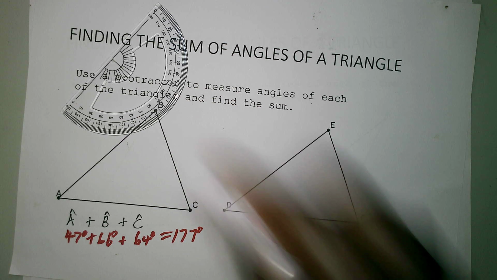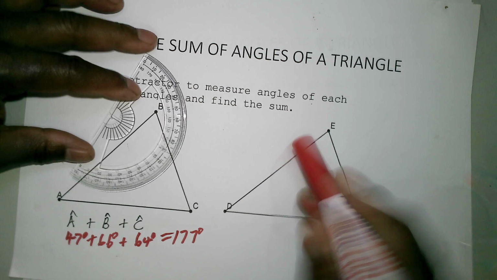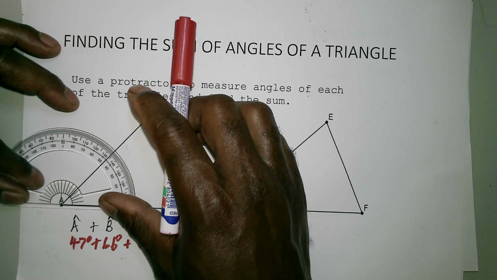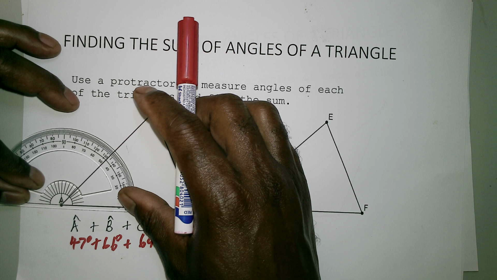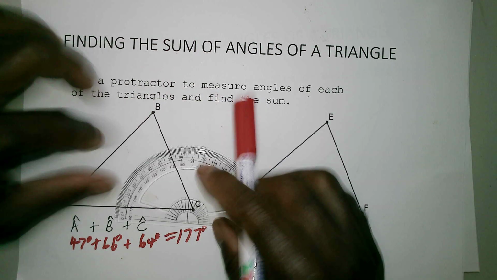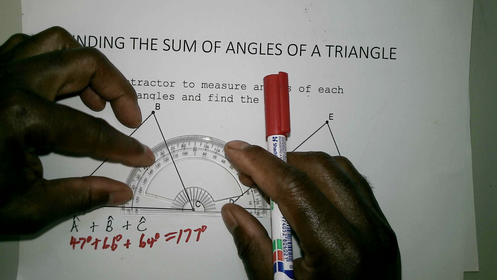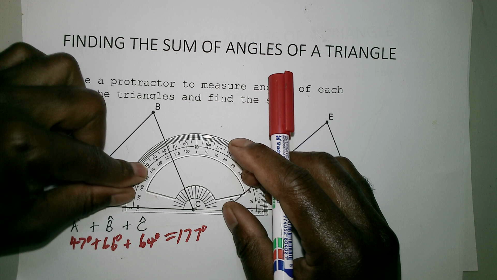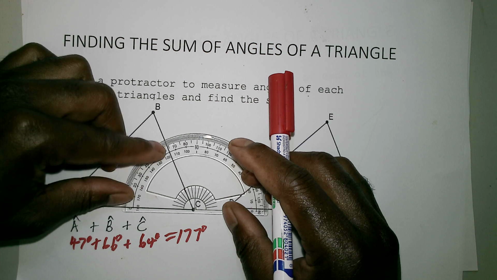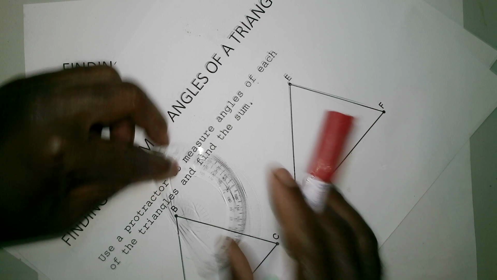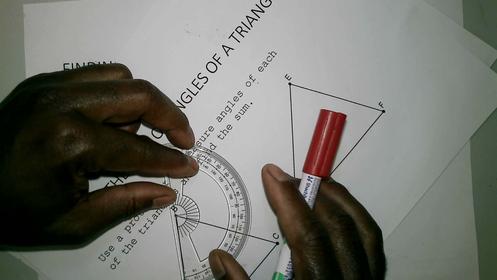Let's go back a bit and see whether we were right when we were measuring these angles. 47 seems to be correct. From this side, it looks like 64 is correct. If we turn this around, that also helps us a lot to find whether we were accurate or not.